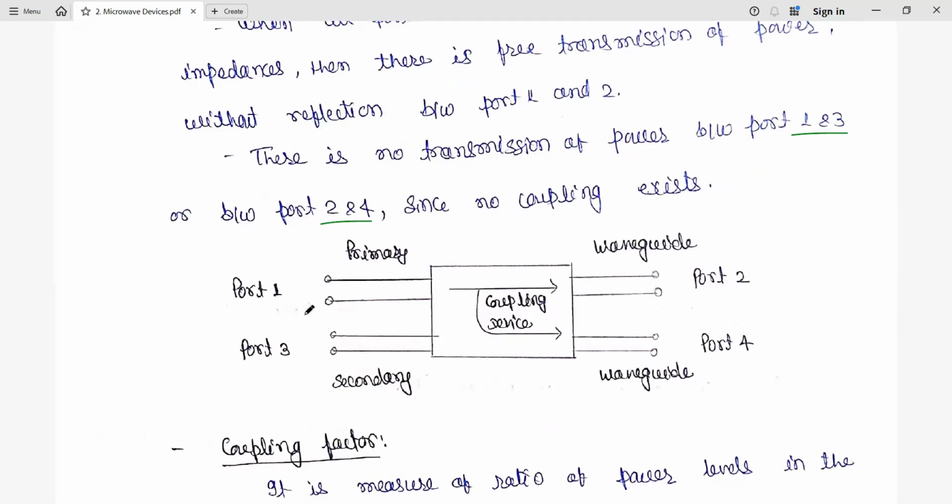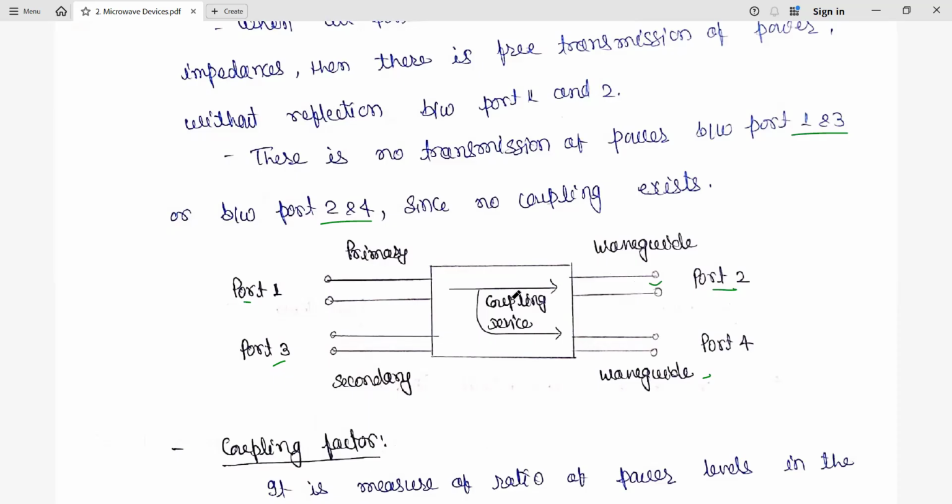If you see the diagram, in the primary waveguide we have port 1 and port 2. In the secondary waveguide, we have port 3 and port 4. When we connect the source to port 1, it can be transmitted to port 2 as well as port 4, but it will not be transmitted to port 3.